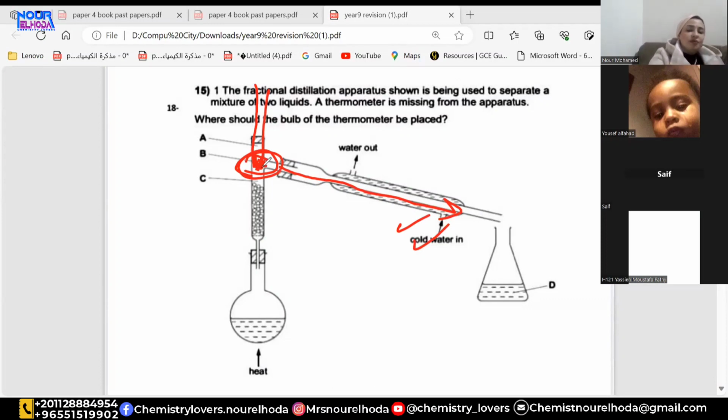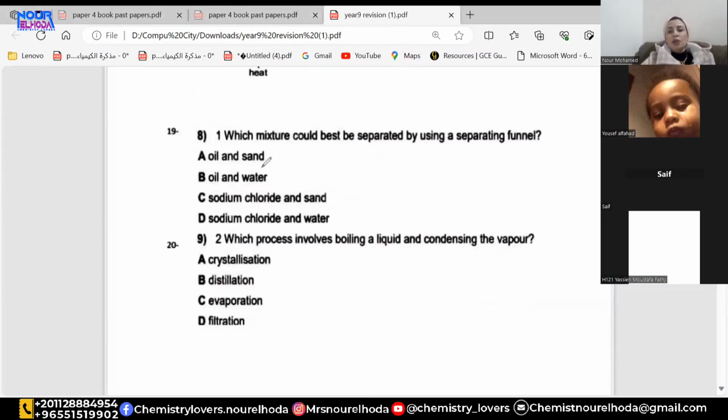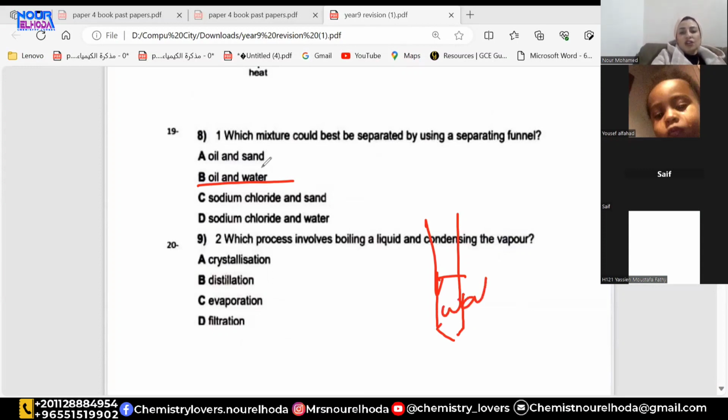Here, if I have water and oil, you need to separate them with a separating funnel, because water and oil are immiscible. If this is water and this is oil, both have different colors. You just open the separating funnel, the water will go down, and then the oil after it.